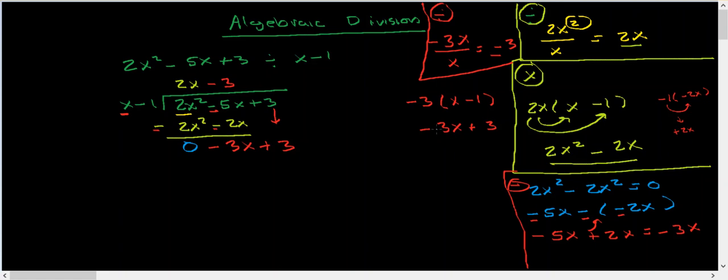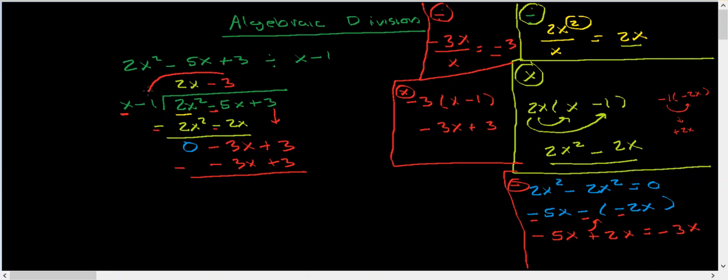So we write this down underneath this. So it's minus 3x plus 3. And then we have to subtract these from each other. So this is the multiplication stage again. What we did was we multiplied our answer by this. Okay, so that's where it's coming from.